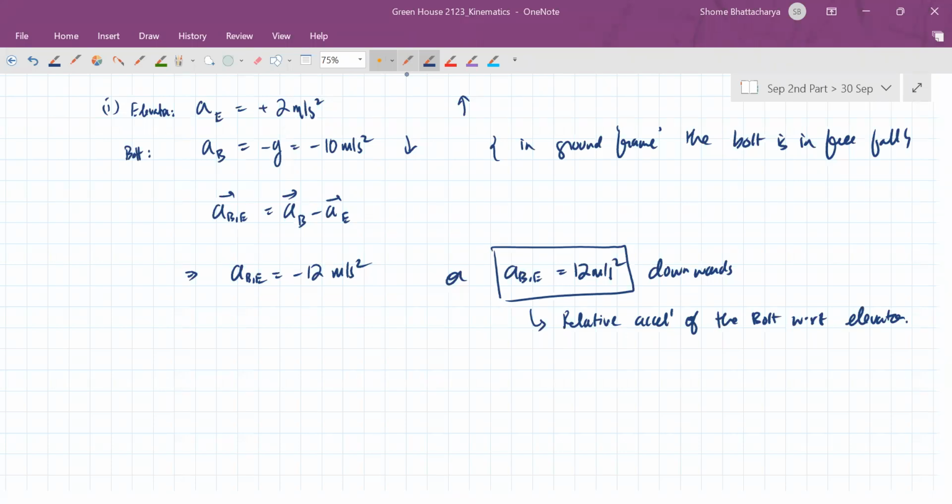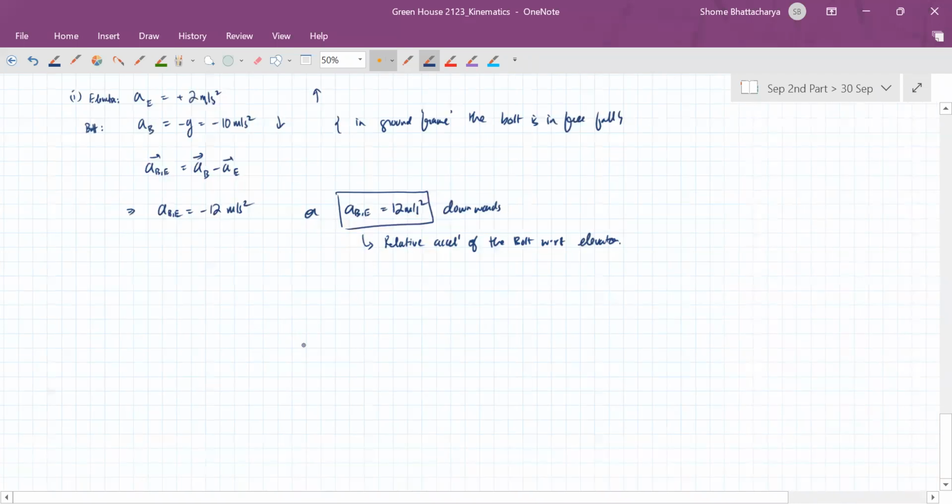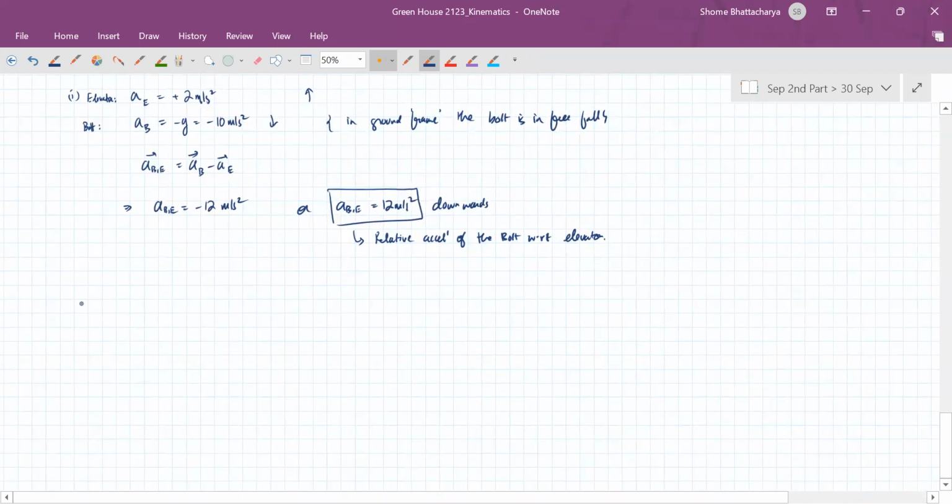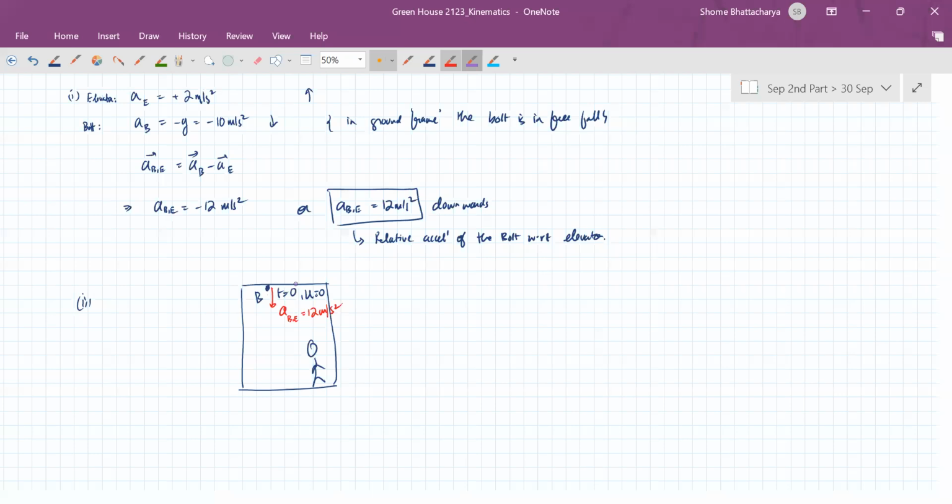Okay, very good, Siddharth. That's also correct. So now what is happening is that what the person inside the elevator is observing is that the bolt starts from here at t equal to 0 with initial velocity equal to 0, but with an acceleration of 12 meters per second square.